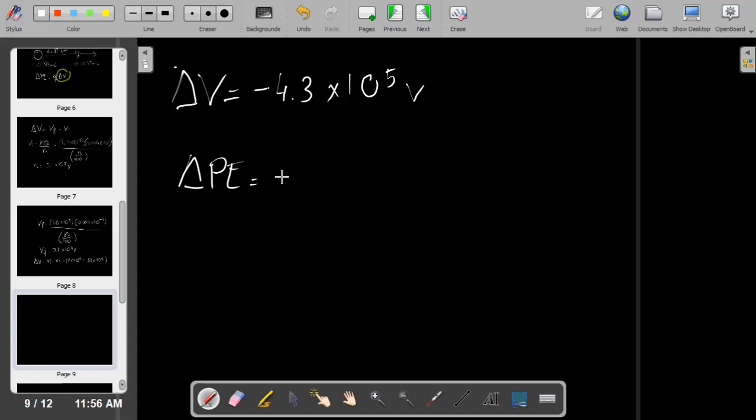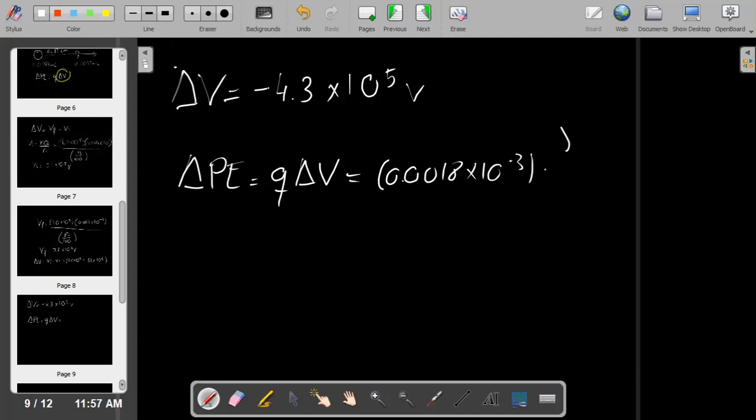And this is the formula that allows you to calculate that. The charge that is movable times the change in electrical potential. We have everything. Just need to notice that the movable charge had incorrect units, so you needed to change that. And that is 0.0018 multiplying 10 to the minus 3 to change it into coulombs, multiplying this right here.